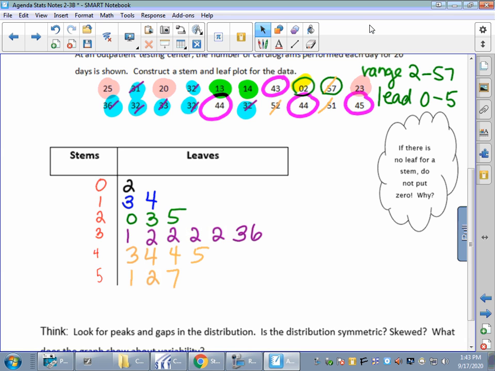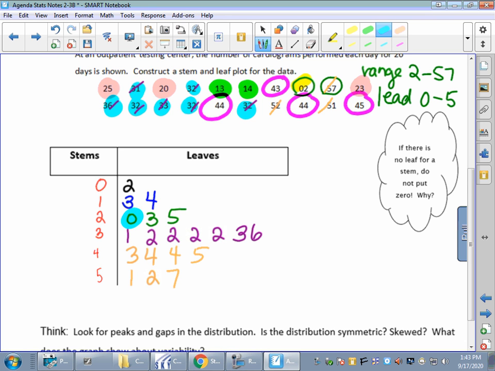So now we can kind of see a shape. Notice it's biggest in the middle. We might even say it's a bell shape or a bell curve. There's a little question over here on the side. If you don't have a leaf, don't put in a 0. Because notice right here, I've got a 0, but that stands for 20.